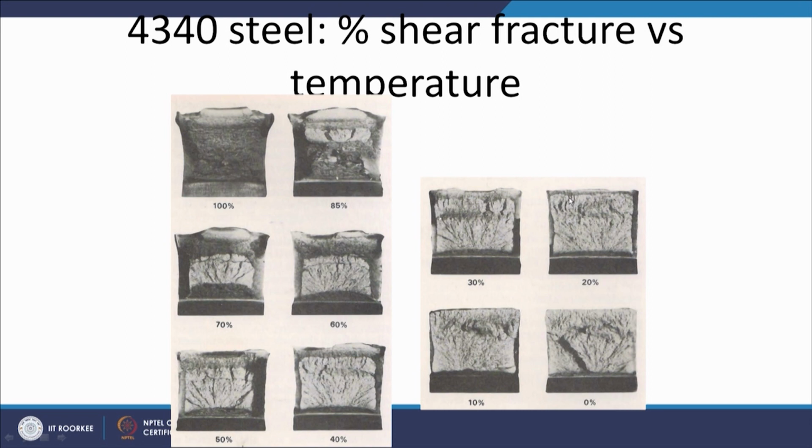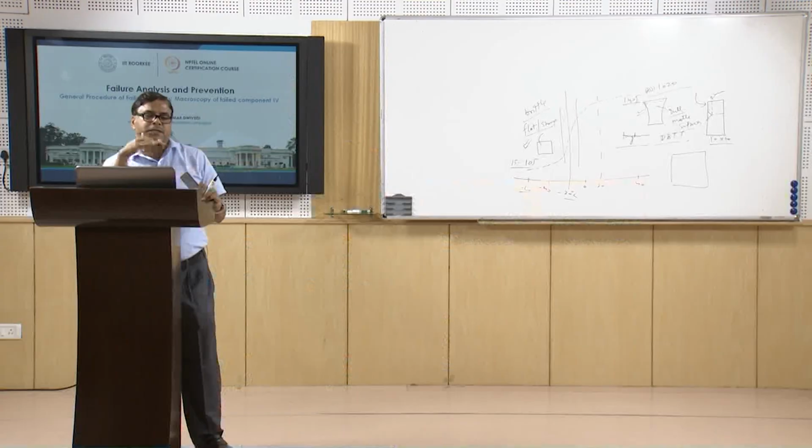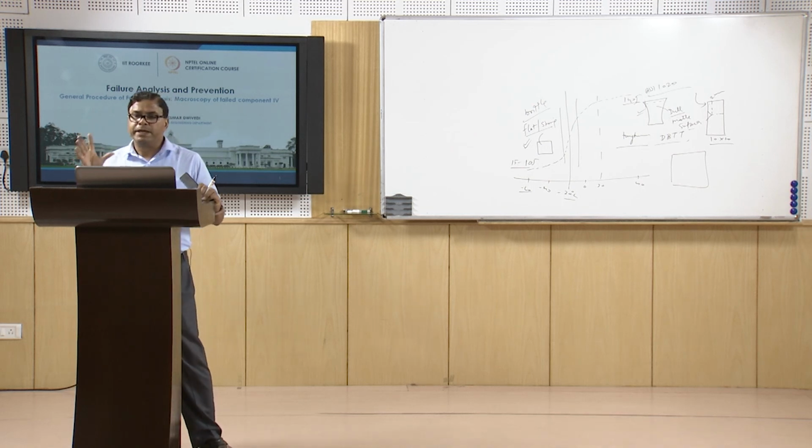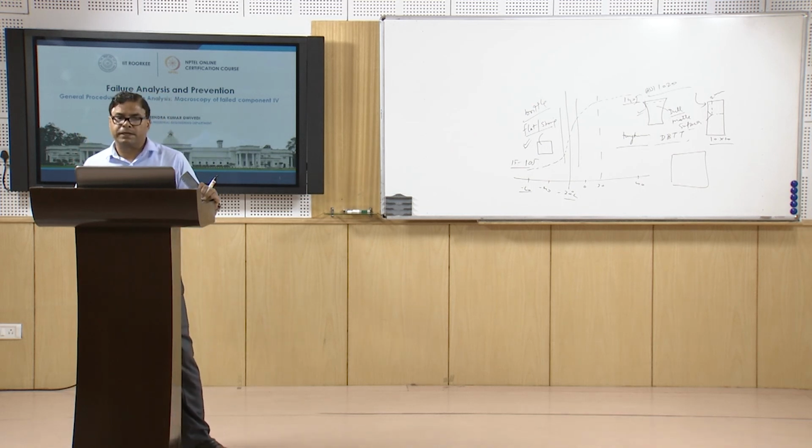So, in the center region all this is the brittle fracture, and in these two diagrams it shows almost 90% brittle fracture and only 10% shear fracture, and here it is completely brittle fracture. So, by seeing the texture and morphology of the fracture surface, we can estimate the proportions of the shear fracture and the brittle fracture.